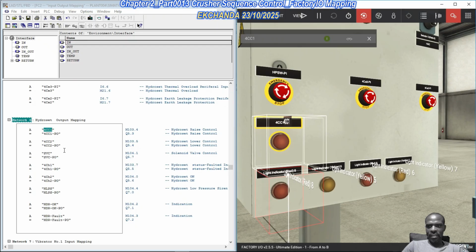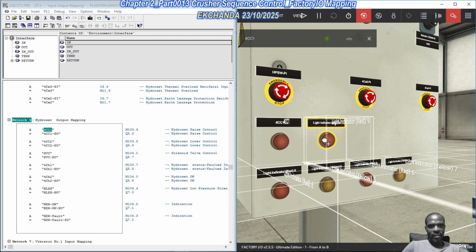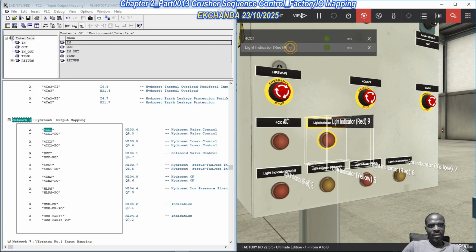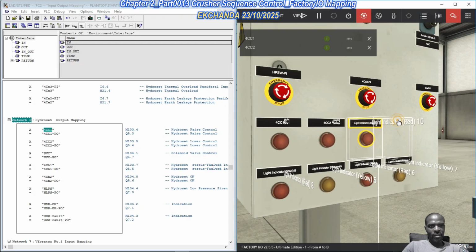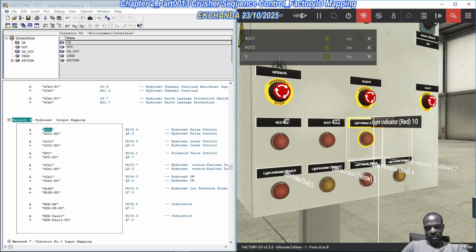And then we also need 4CC2. So when these are running, this indicator lamp turns red, okay? So this becomes 4CC2, like so. And then solenoid valve control, when running or when it's on, it's going to be red for running, okay? So this becomes SVC, like so.